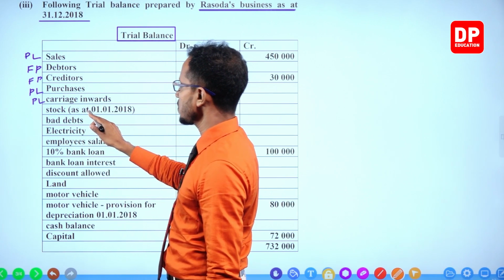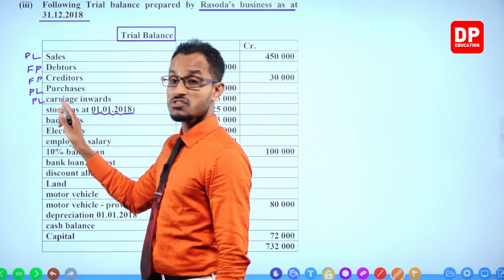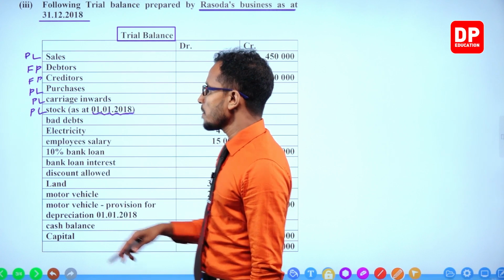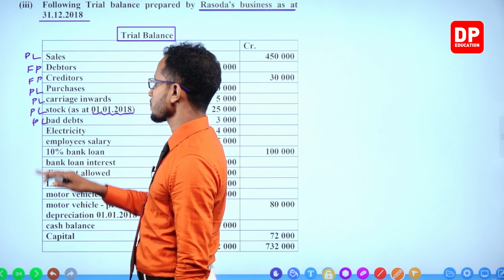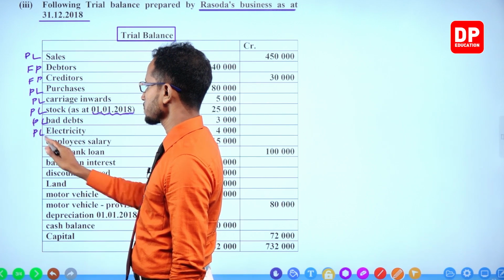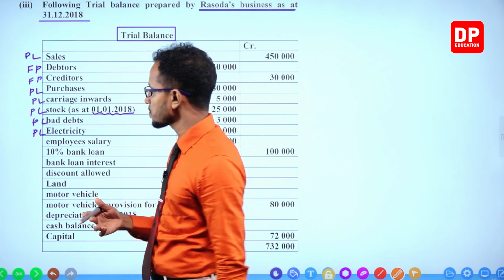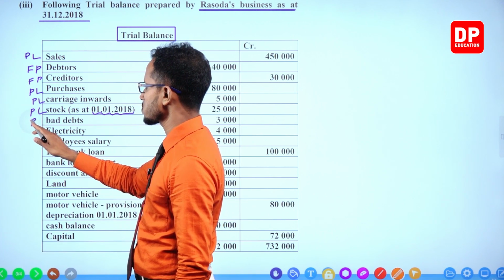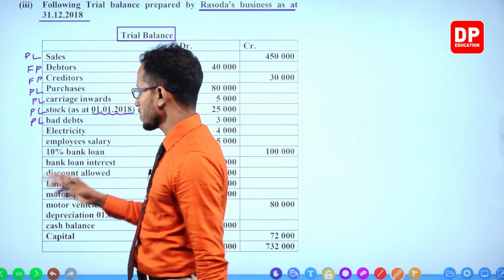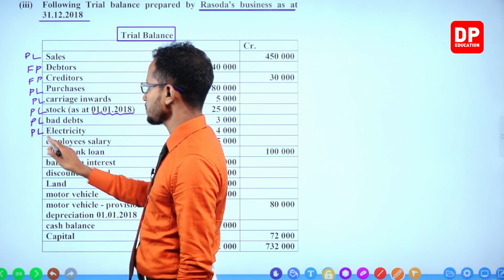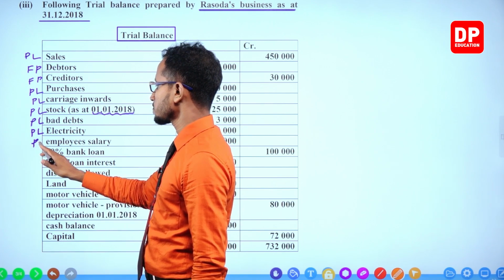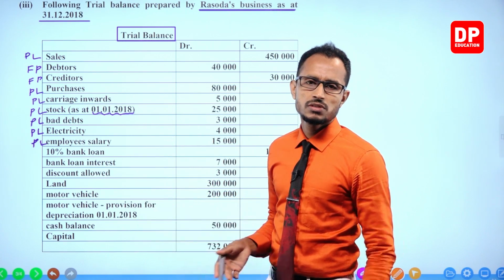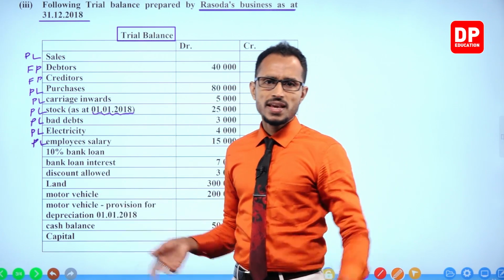Stock, this is the opening stock, 1st January, profit or loss. Bad debts, profit or loss. Electricity, profit or loss. Don't take too much time like I'm doing. Do it quickly. Salaries, P&L. All the incomes and expenses go to P&L.